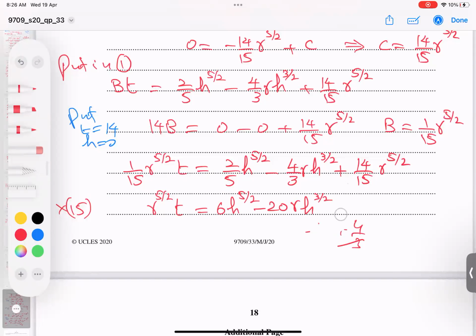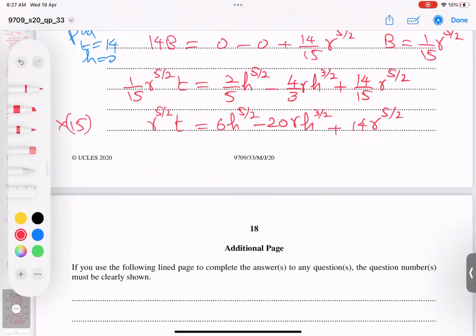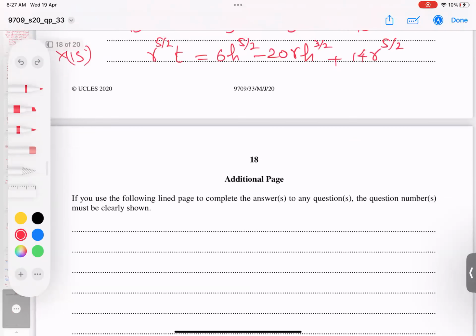And what about the last part? 15 multiply 15 cancel. I got 14 r to power 5 over 2. Last thing left only, this r to power 5 over 2 will divide. Look, I show you, this r to power 5 over 2 divides the whole equation. So I'm doing it here.